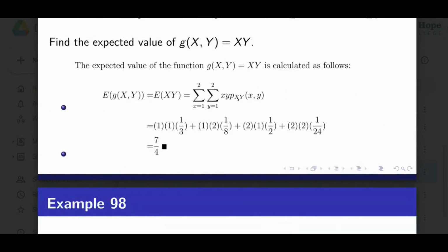X and y could be 1 and 2 respectively. So take it in turns. 1, 1, 1, 2, 2, 1, 2, 2. Outside index changes slower. 1, then this is 1, 1 and 2, and then now 2 and 1, 2 and 2.